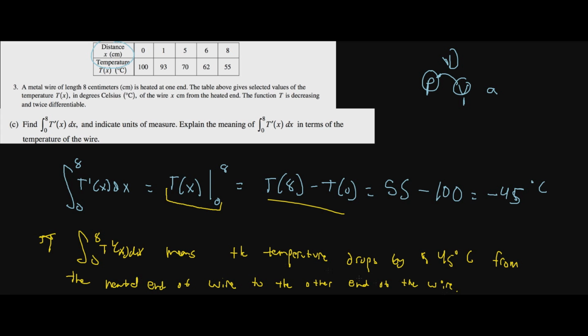There it is. So it means the temperature dropped by 45 degrees from the heated end of the wire to the other end of the wire.